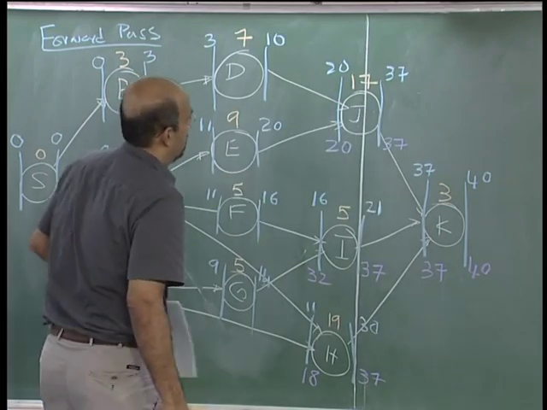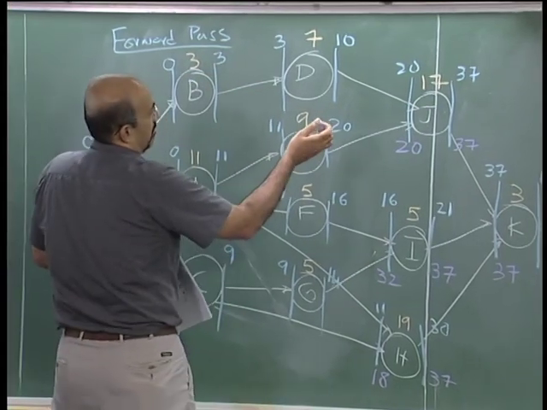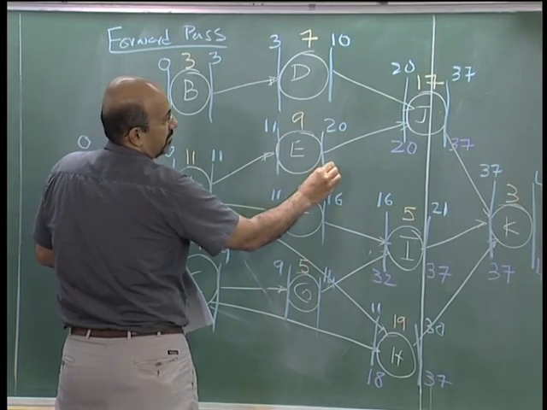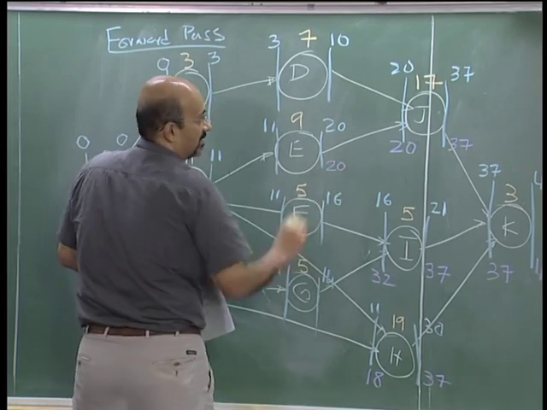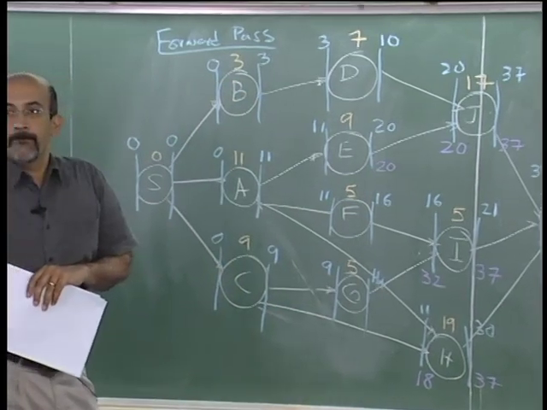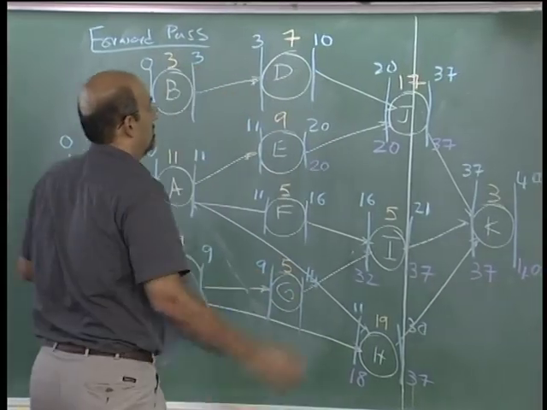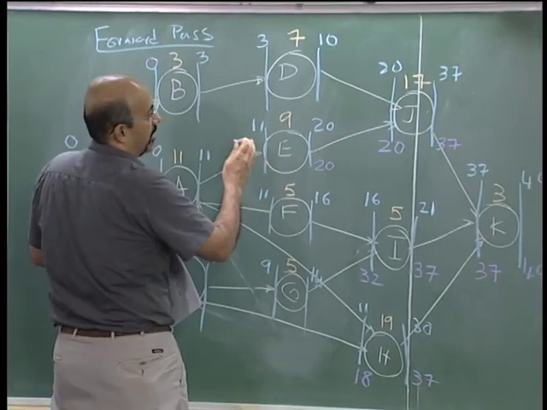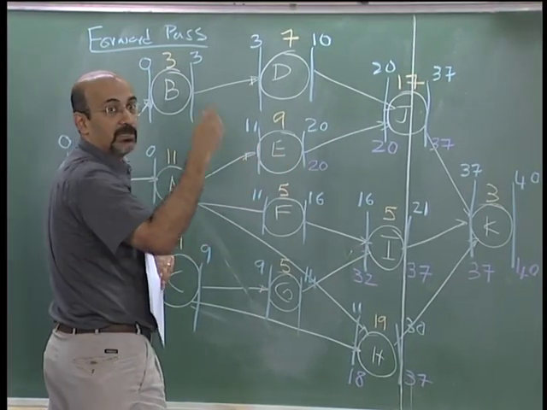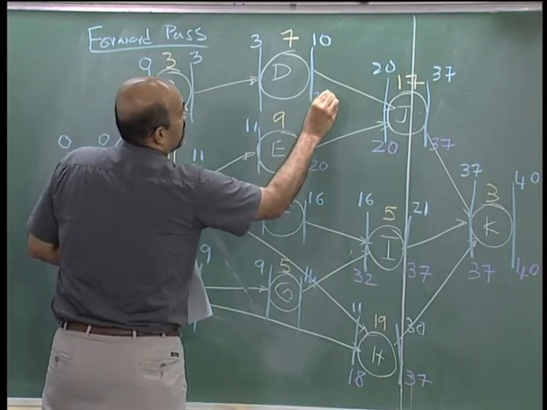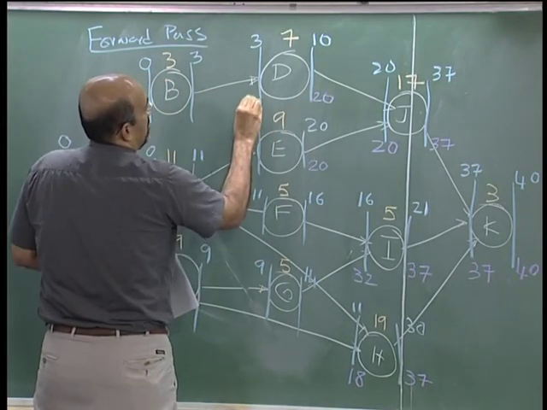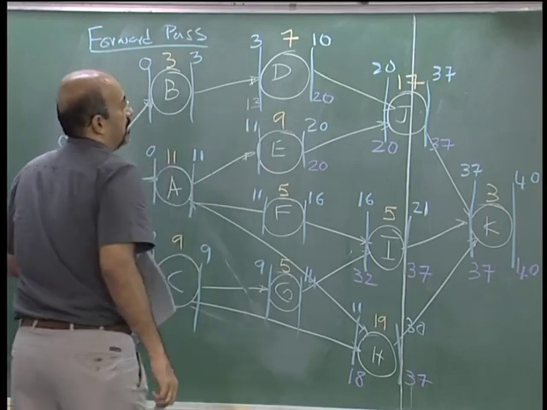Now we go back again, so we can find E. E is 20. What happens if E exceeds 20? J gets delayed, the project gets delayed. That is the definition: how late can the activity start or finish so that the project does not get delayed. So D again will be 20, and 30.